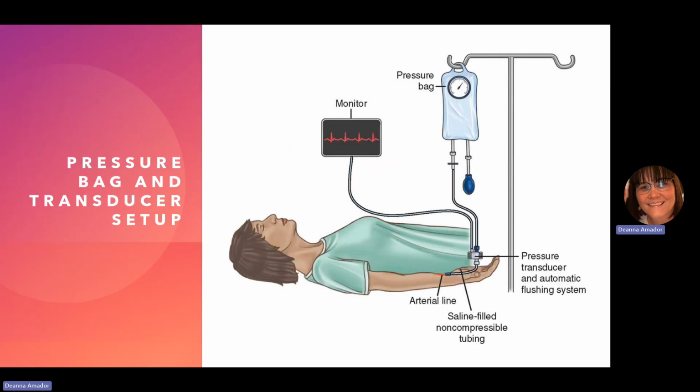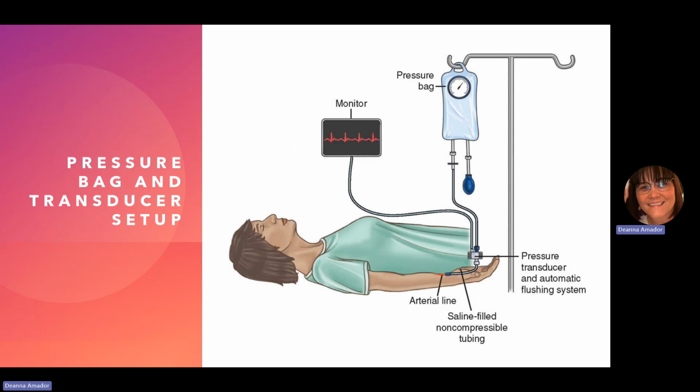So first here, this is a picture of somebody with an arterial catheter, a radial arterial catheter, or an art line. And this is just meant for you to understand what it looks like. So right here in their wrist is your radial artery.